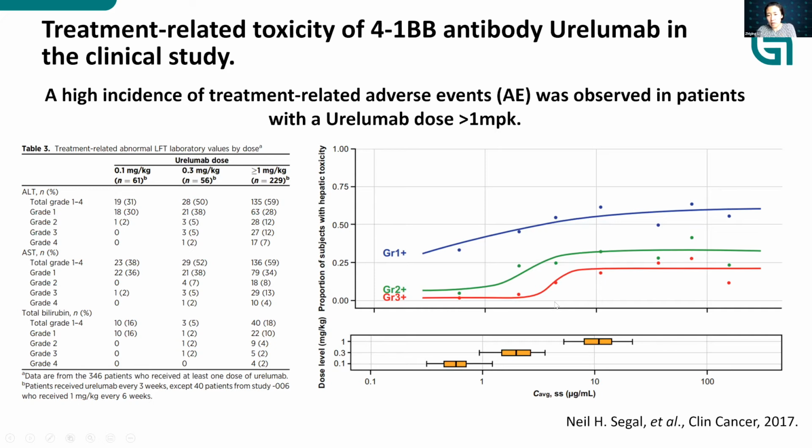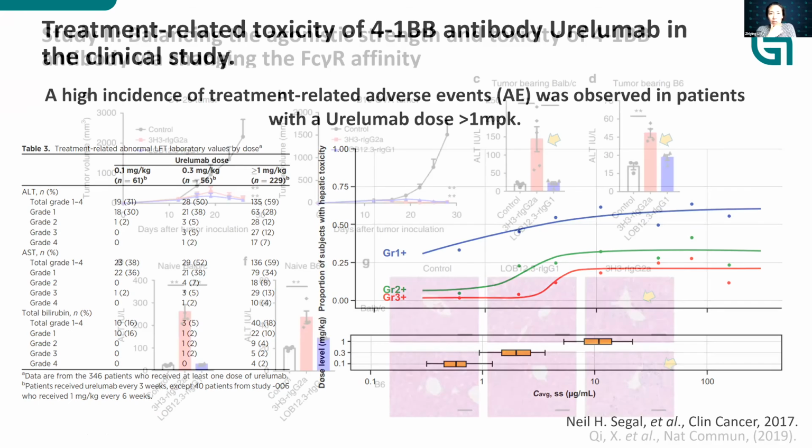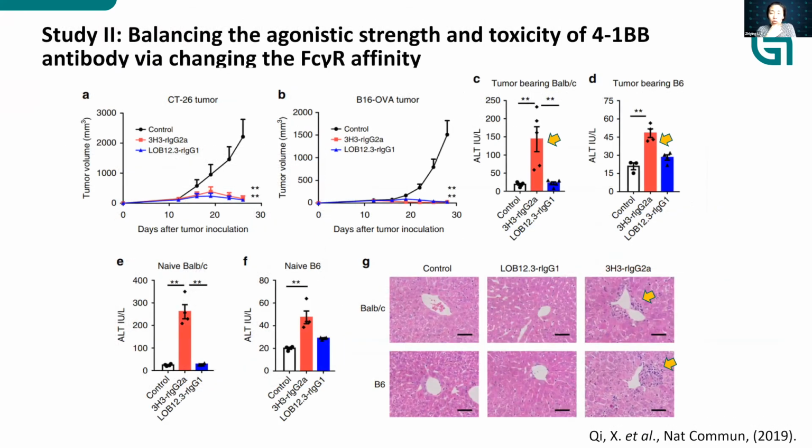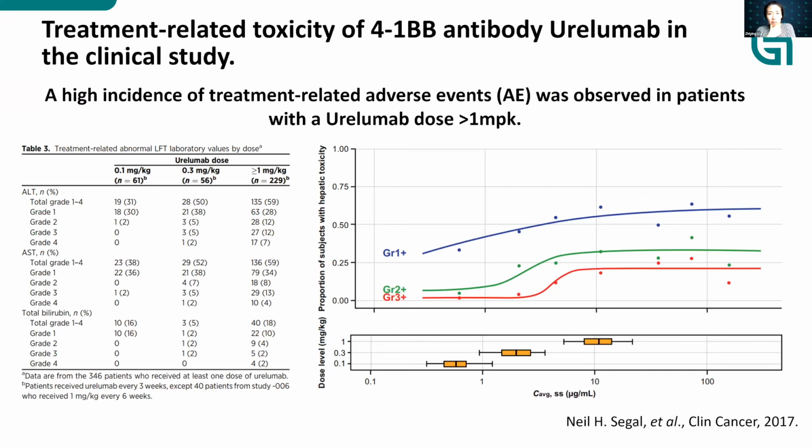The x-axis is the dose of the drug. This particular study really made people think, what's going on with this clinical result, because everything looked very good in the preclinical evaluation.